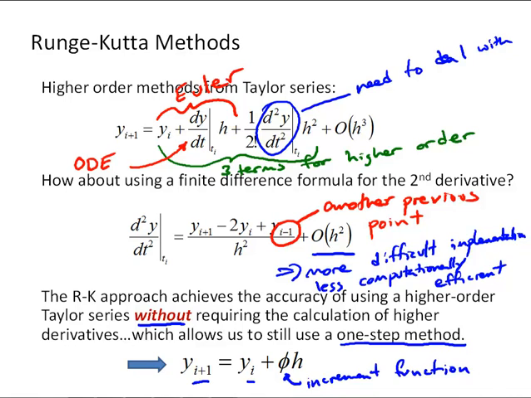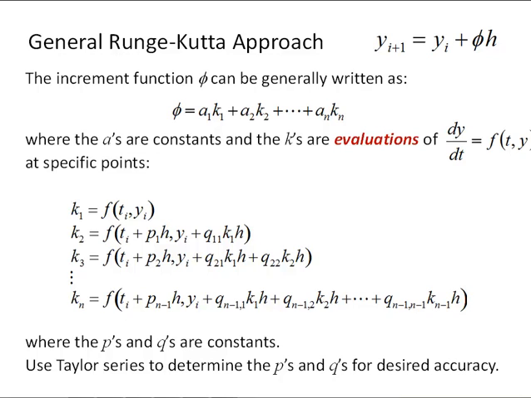So let's look at the Runge-Kutta formulation. Again, this is a one-step method, and what we're going to do is evaluate that increment function as a linear combination of evaluations of the function dy dt that defines our differential equation. So we'd have some constant a1 times k1, where k1 is the dy dt function evaluated at the ith time step.